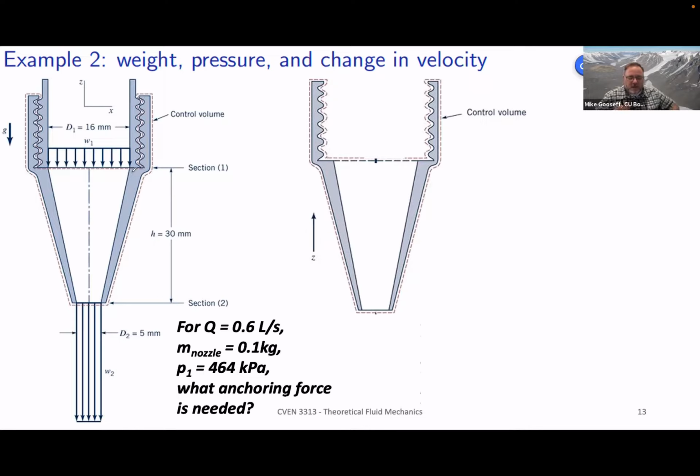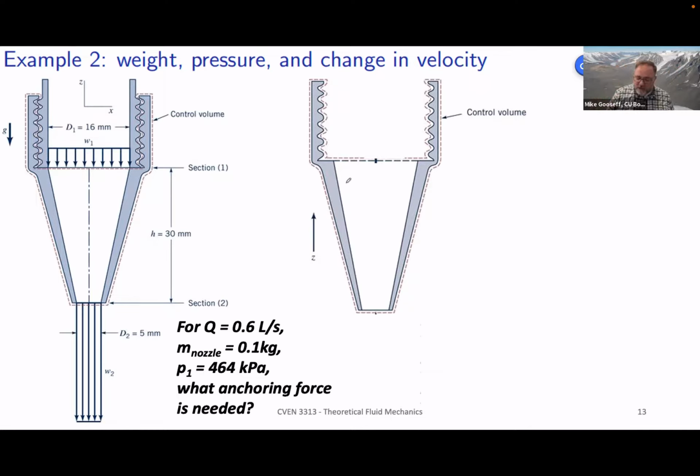The nozzle has this kind of funky control volume that goes around all of this to contain the water just in the nozzle tip. It looks sort of like a vase, with a contracting component to it.